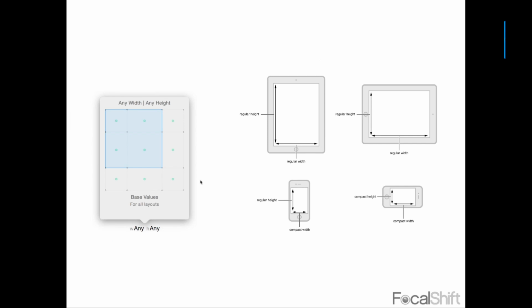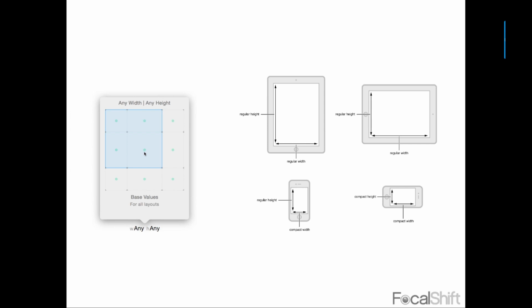So when you're looking at this stuff in Xcode, you're going to see something like this partial screen capture on the left side of the screen here. So here we're looking at, in Interface Builder, the control that is used to select your width and your height size class during design time. And basically it's this square in the middle here that represents any width or any height.